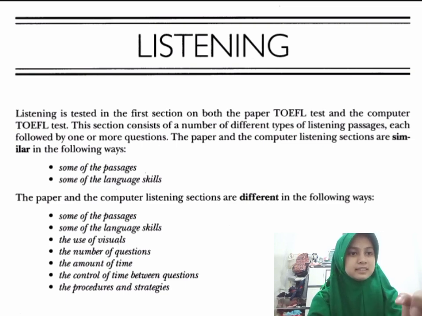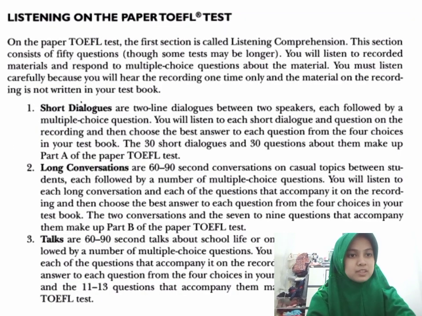The listening section also has 3 parts: part A, B, and C. Part A is short dialogue, part B is long conversations, and part C is talks. But first of all, we are gonna explain about short dialogue. So what are short dialogues in the listening section of the TOEFL test?